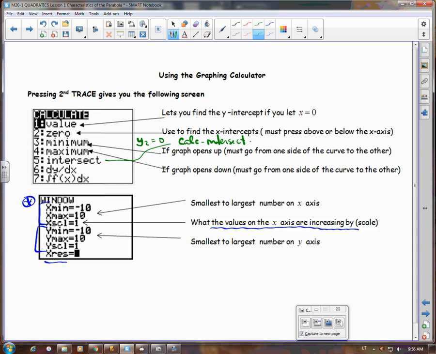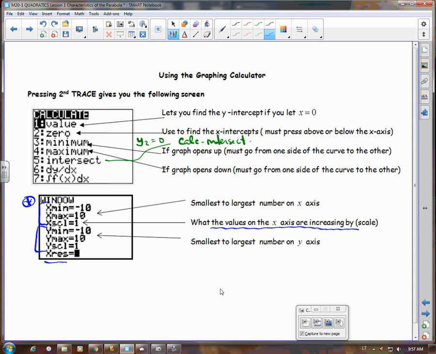Especially if my parabola is steep, I don't have such a hard time doing the above and below. It's more just hit enter 3 times and you will have found one of them. We'll get to them in the next example.